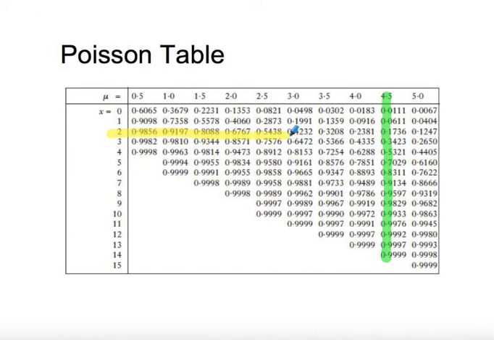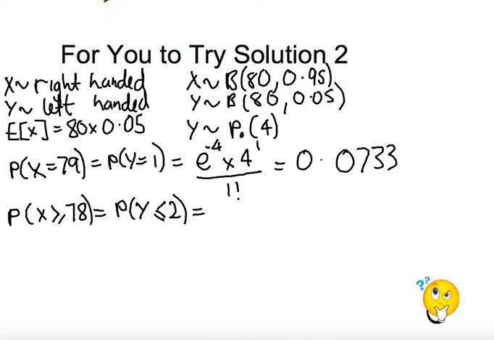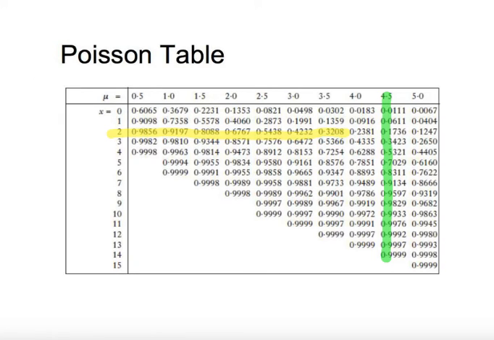Reading across, we get 0.2381. So the probability that X is greater than or equal to 78 is 0.2381. Just double checking, making sure I'm making no mistakes. Yes, 0.2381.